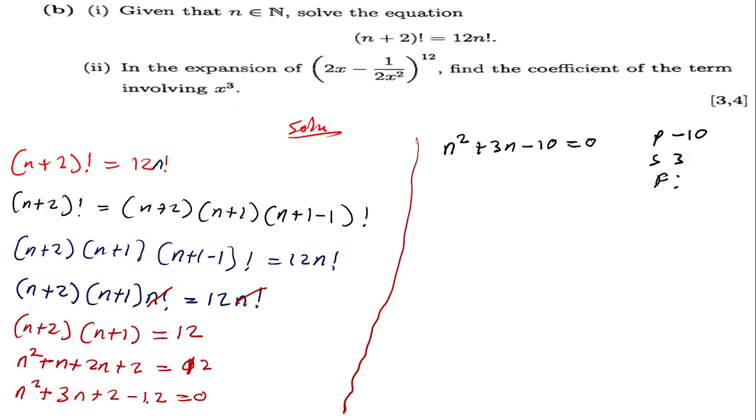So we can pick 5 and negative 2. Those are the two numbers you can utilize as your factors.